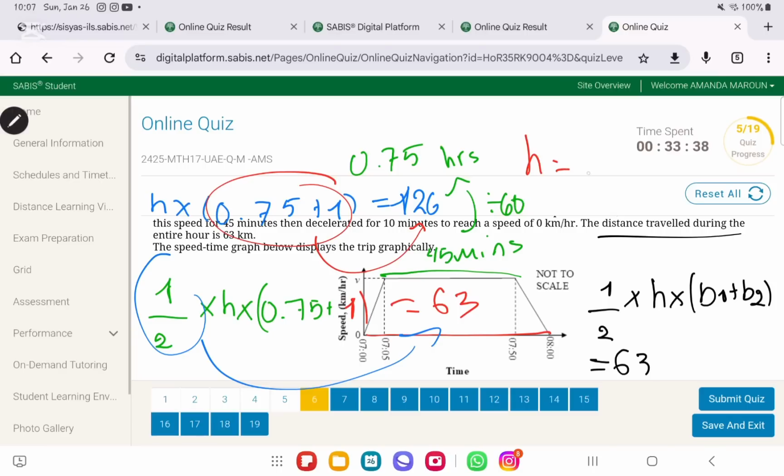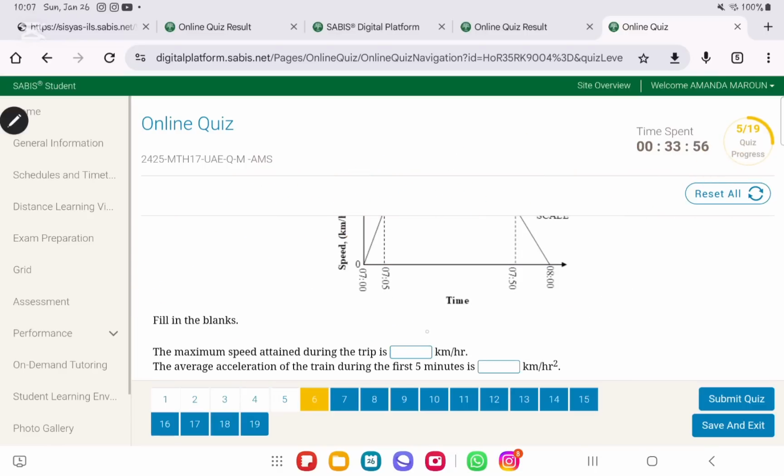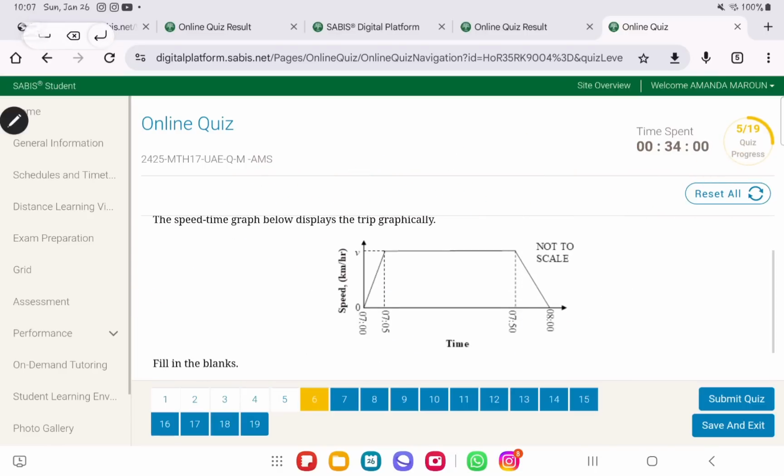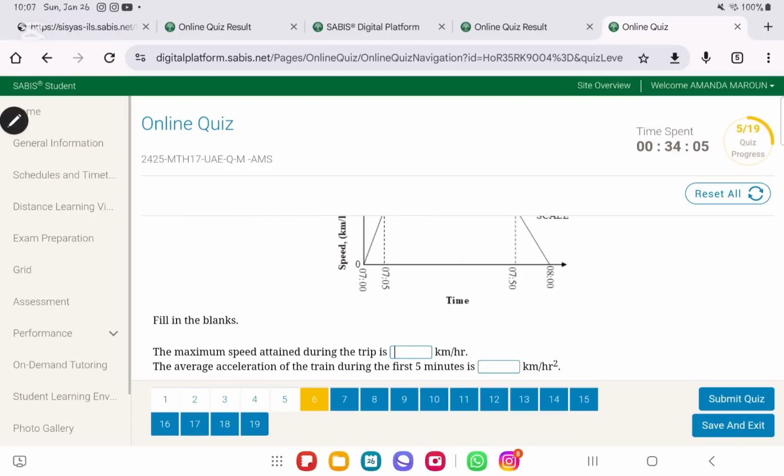So the height is going to be 126 divided by the bases, which is 1.75, which will give us an answer of 72. So the maximum speed attained during the trip, which is the height, because we know that this height over here is the velocity v, or the speed, is going to be 72 kilometers per hour.